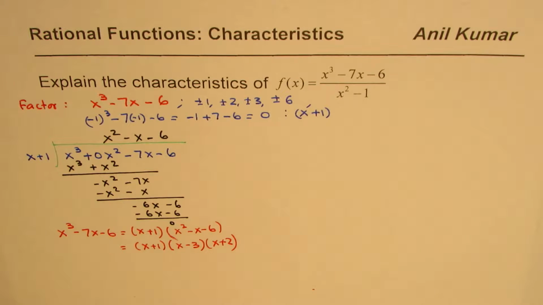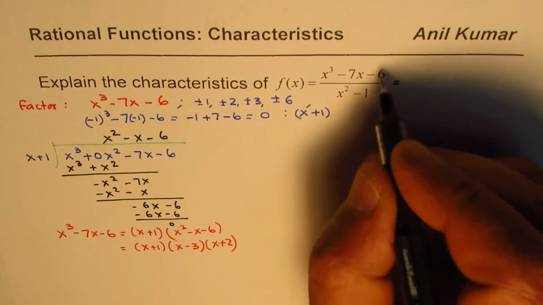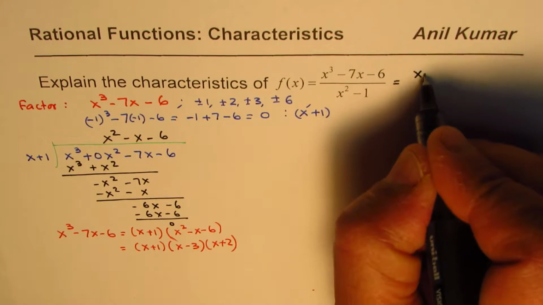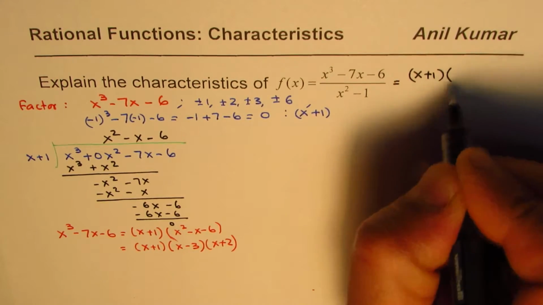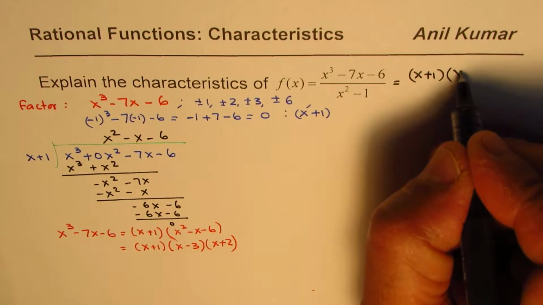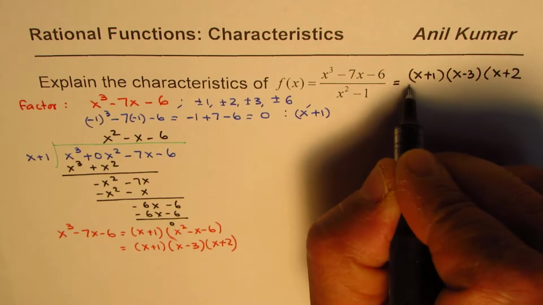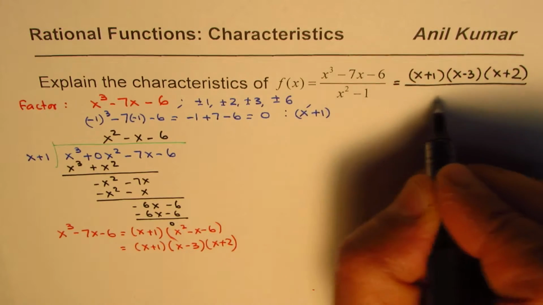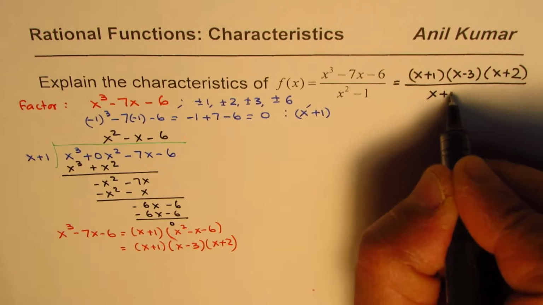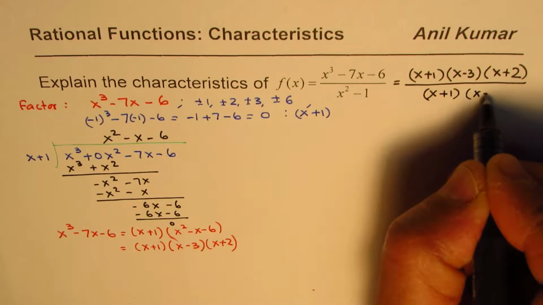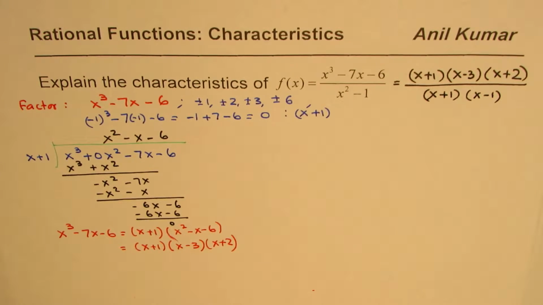So that is how we can actually factor the numerator. So let me rewrite it as x plus 1 times x minus 3 times x plus 2, divided by, the denominator can be written as x plus 1 times x minus 1. You get an idea, right?